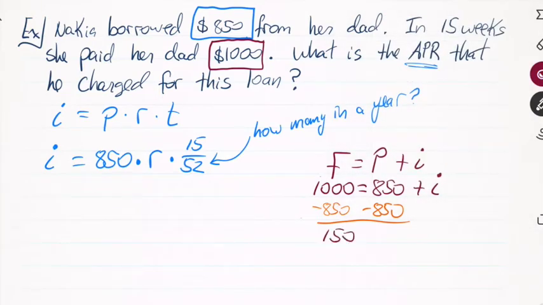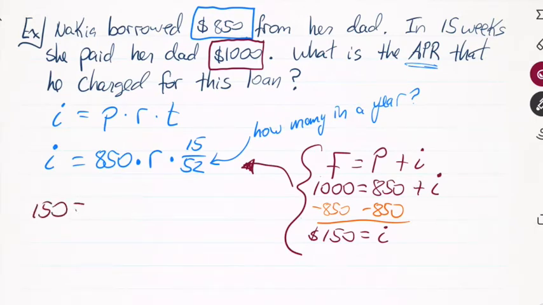So the amount of interest that he charged her was $150. By using this formula, I can now plug more information in and have 150 is equal to 850 times R, and there's no point in reducing the fraction, so I'm just going to leave it as 15 over 52.